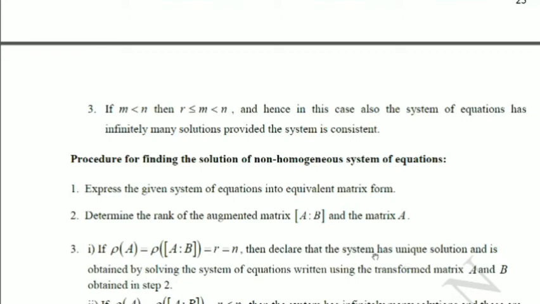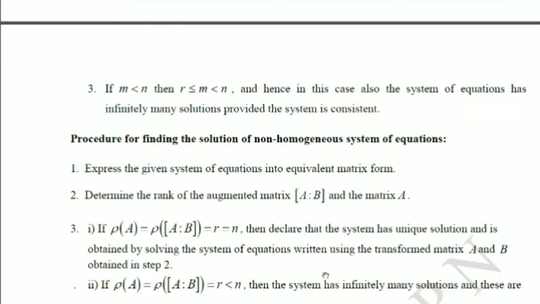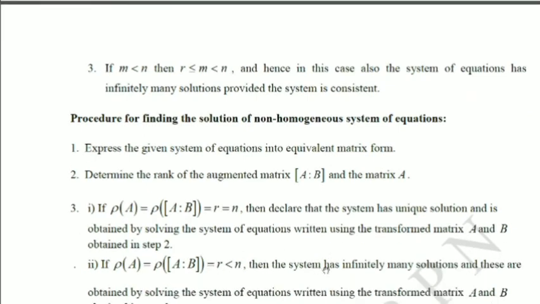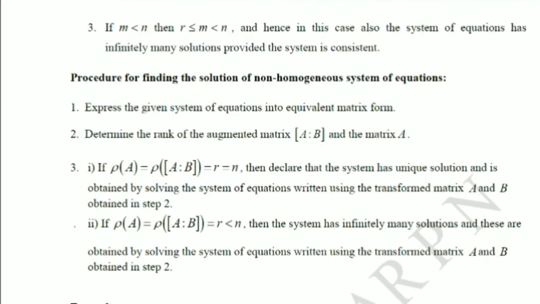Find the unique solution by using the reduced echelon matrix and obtain the solution. If rank is less than the number of unknowns, then declare that the system has infinitely many solutions and use the reduced matrices A and B obtained from this step and solve the equation. You'll get the solution.